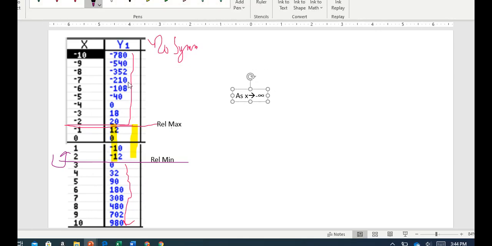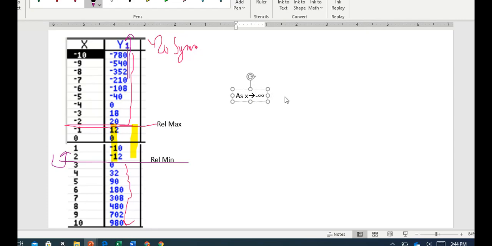So we're just going to assume it follows the same pattern at the end. So from negative 10, negative 352, negative 540, negative 780, they keep decreasing. So as the x values get smaller, so do your y values. So y also goes towards negative infinity.